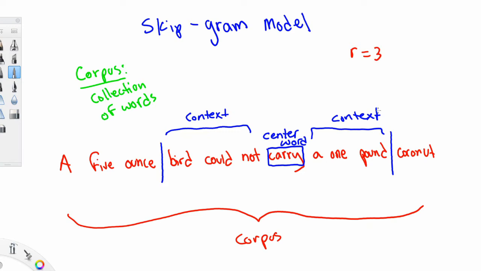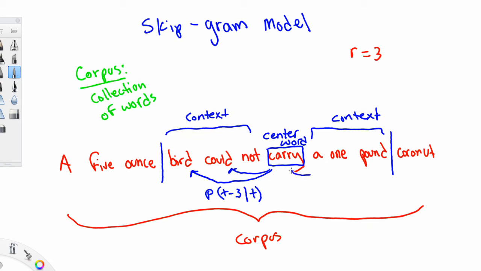So what does this look like? For bird, this is going to be represented by the probability of T minus 3. So that's our bird word. The probability of that word appearing given, that's what that line means, it means given that our center word at index T has appeared. And that's going to be the same thing for this one, except it's going to be T minus 2.